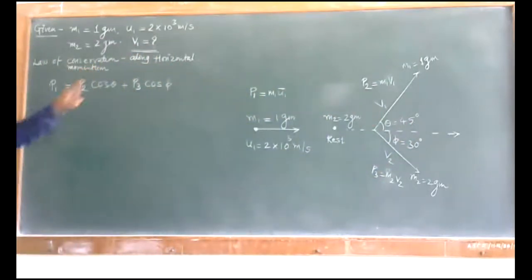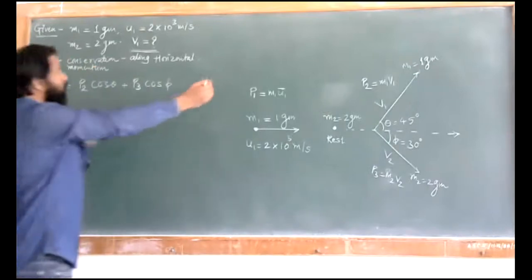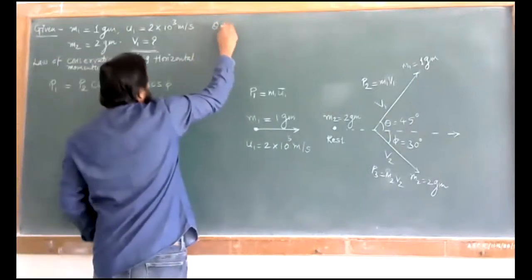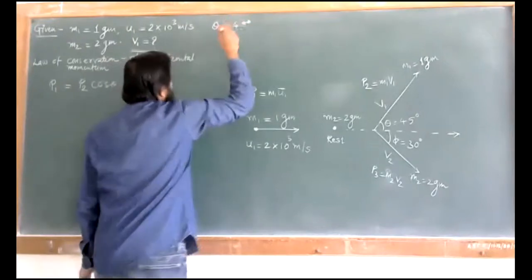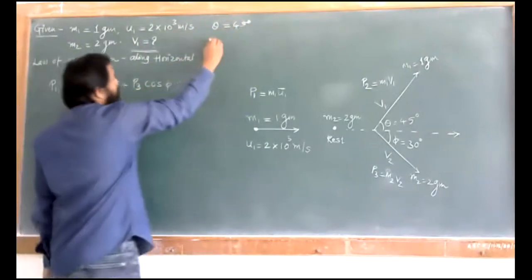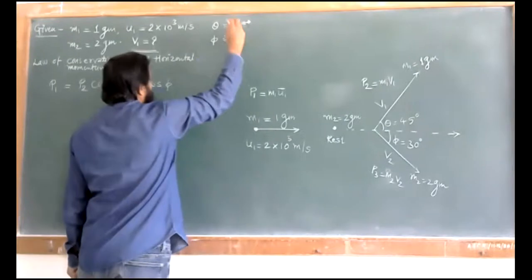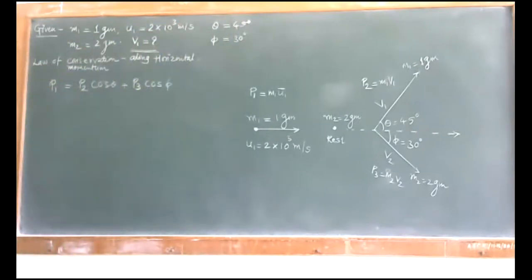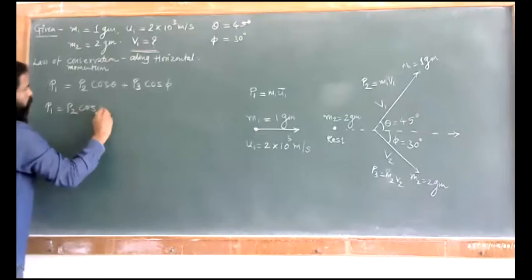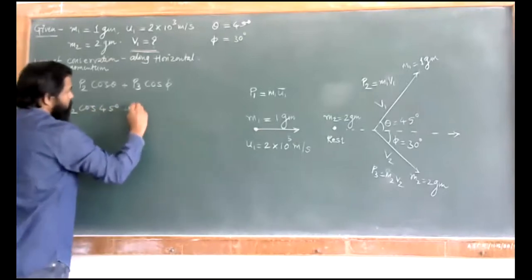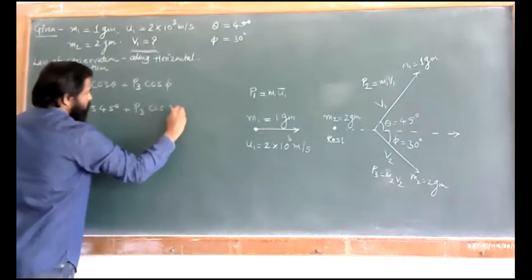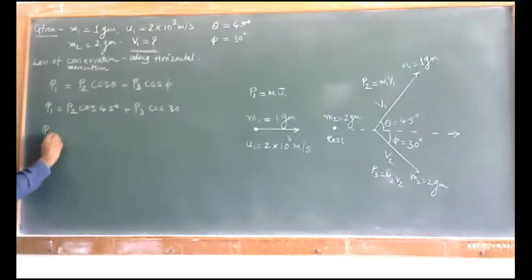So you have this first point. What is theta? We can have 2 points here. Theta is equal to 45 degrees, which is the angle of scattering, and phi is nothing but the angle made by the recoil nuclei or recoil particle, which is 30 degrees. So P1 is equal to P2 cos 45 plus P3 cos 30.